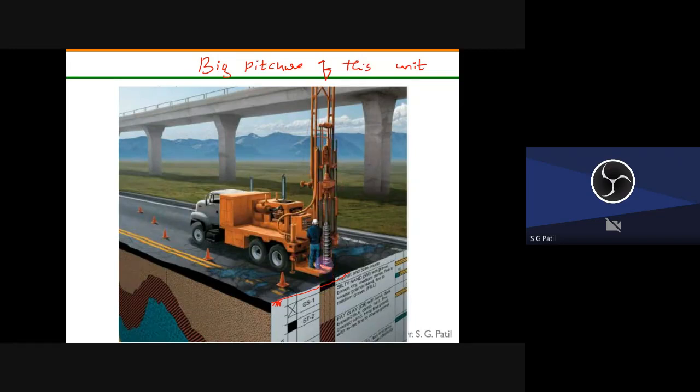With this machine we will drill a borehole, and then we will see the type of soil at different depths. Initially, here is asphalt and base course, and then the second layer is silty sand, that is SM, brown in color. What is the color and what is the classification of that soil? If you remember from your Geotechnical 1, we have seen soil classification based on sieve analysis.